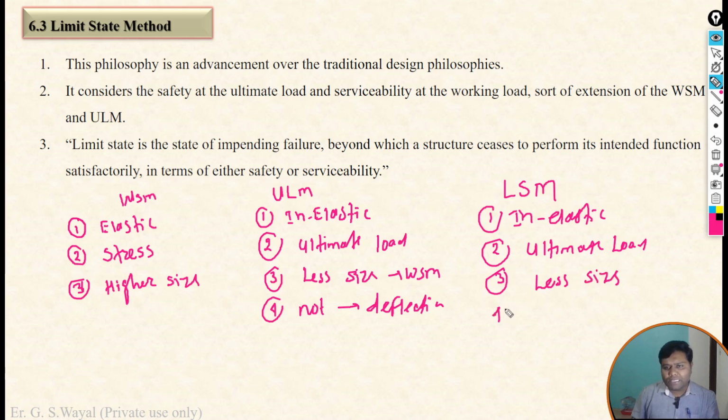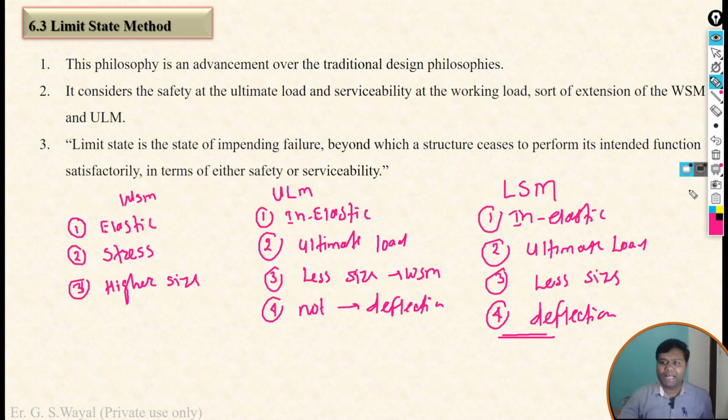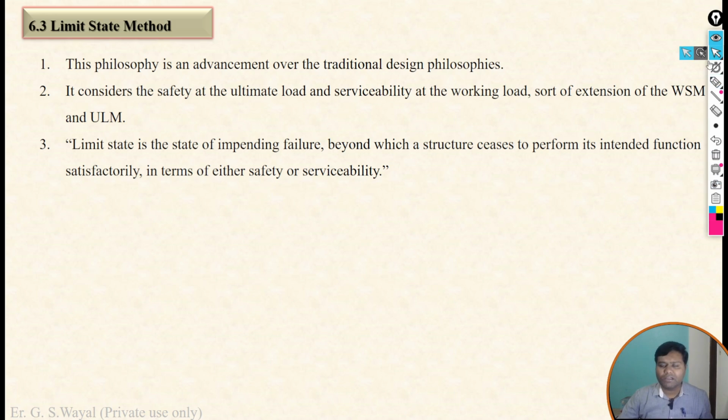The important thing is that whatever deflection is produced in the member can be considered in the limit state method. So the limit state method is the most economical and most usable method for the design of any member, and recently every member is designed using this method.